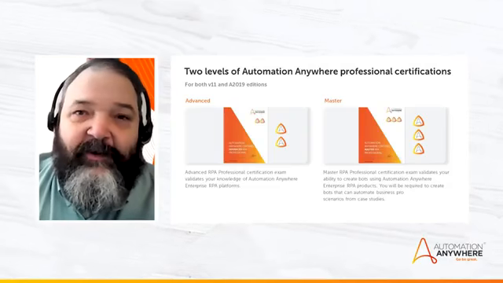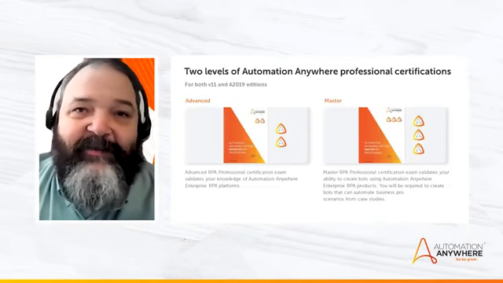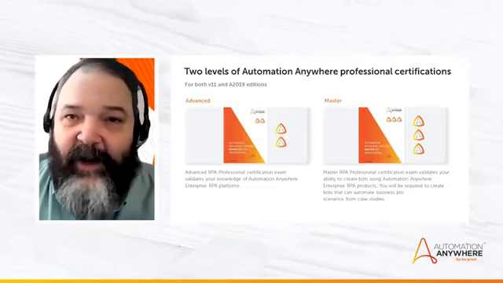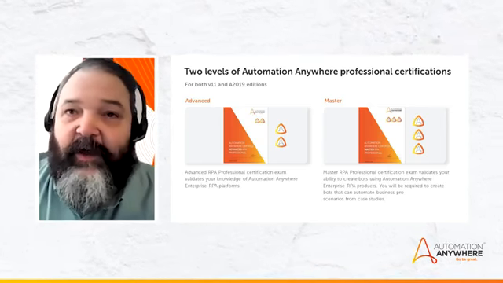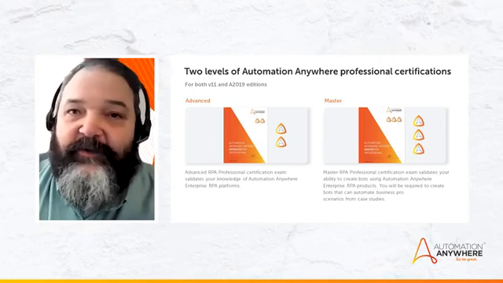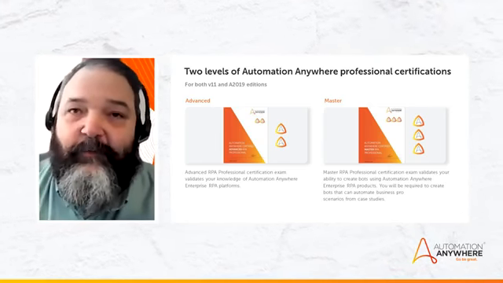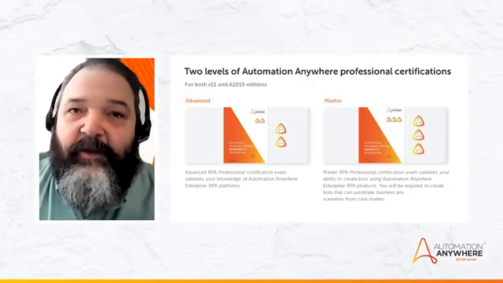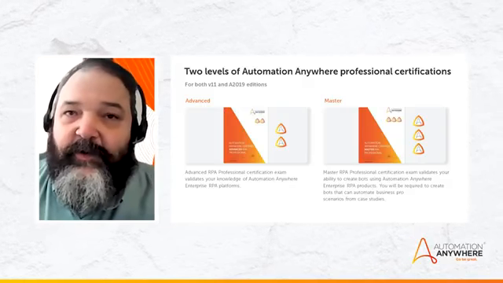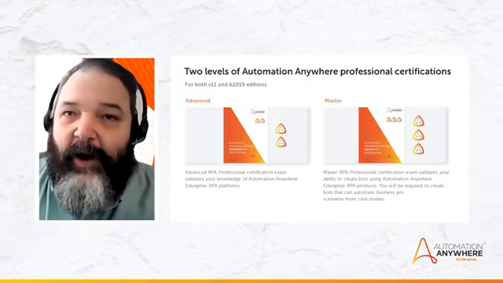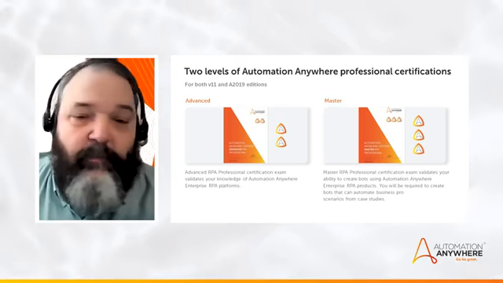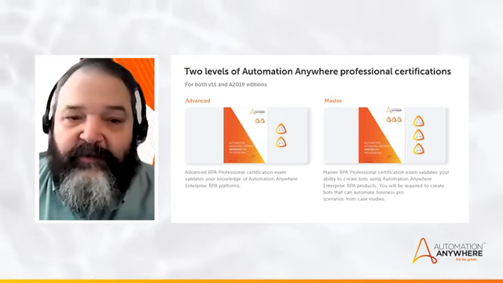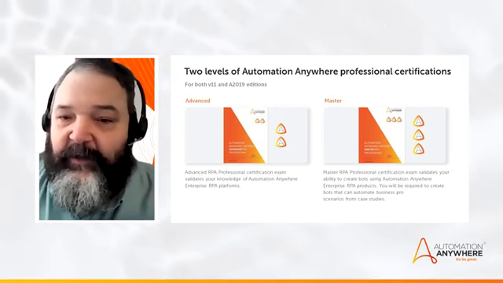In A2019, we're not asking you any questions about how to manage a control room or manage user roles and responsibilities. Those are open in the V11 version of the training, but for A2019, we're focusing only on the types of questions and answers you'd be able to answer if you were a bot developer. We'll talk more about the specifics around the advanced in a bit.